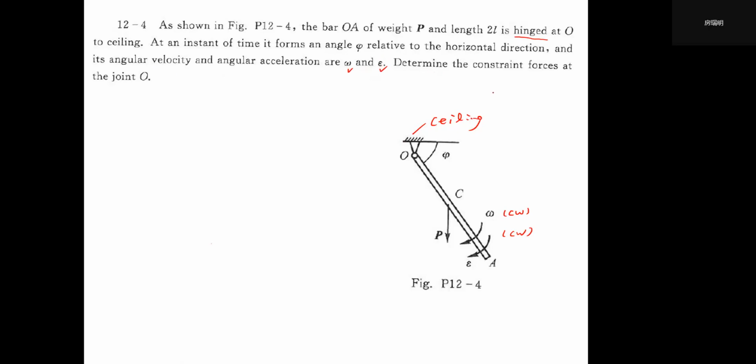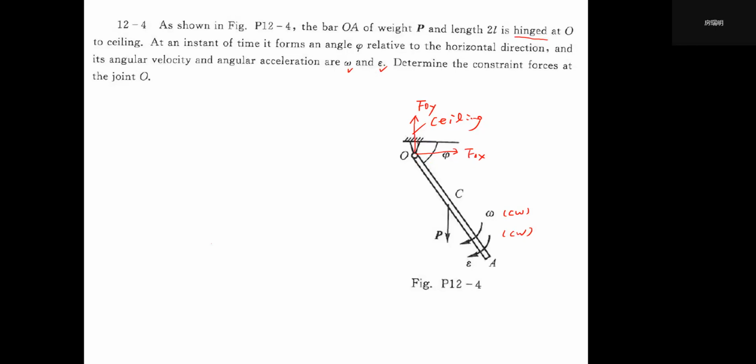So determine the constraint forces at the joint O, because that is a hinge. Do you still remember? If we do a force analysis, we should remove this constraint and use its reaction forces to denote its action from the ceiling on the bar OA. Actually, it should have FOX, right? And FOY.